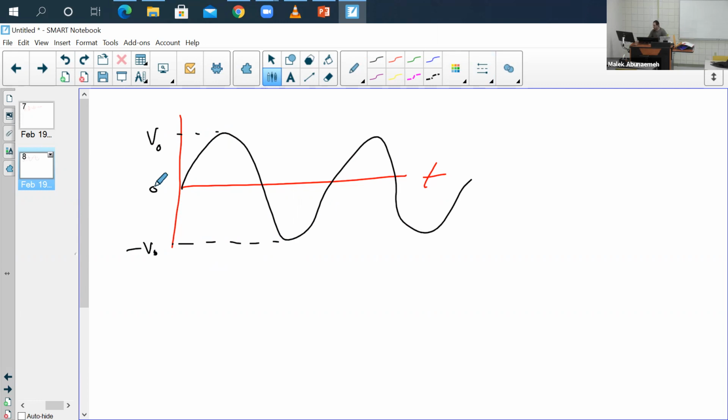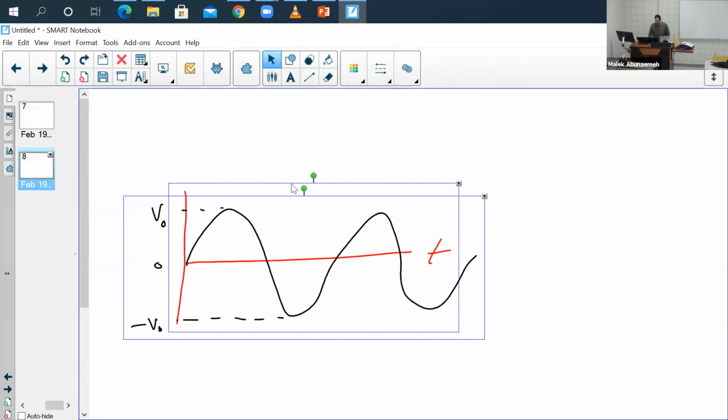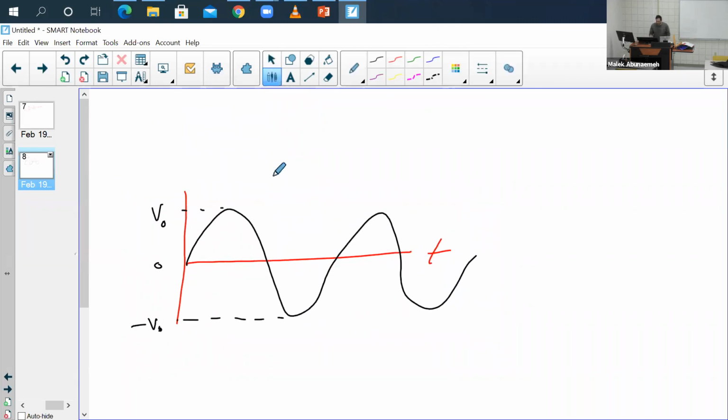Going in from top to bottom, that's how your battery is.